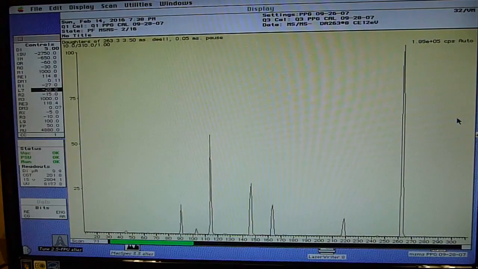Right. So we're going to let these counts come down, and then we're going to boost the collision energy and see what happens to the precursor ion intensity and the product ion intensity.